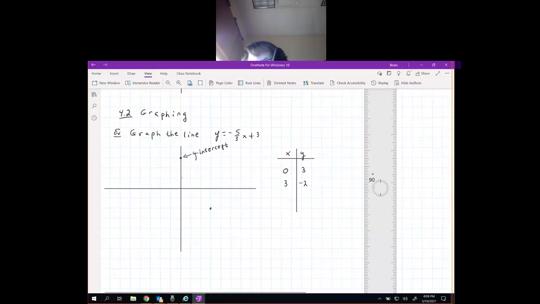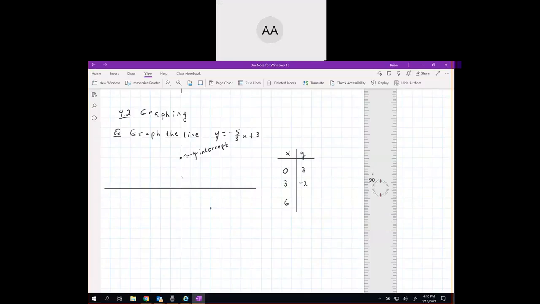So 6, yes, 3 goes into 6 very well. Perfect choice. You could have done -3 also. You could do 9, 12, whatever. It really doesn't matter. But since we want to keep it small, since we're going to actually physically graph this stuff, when x is equal to 6, I get y is equal to -7.